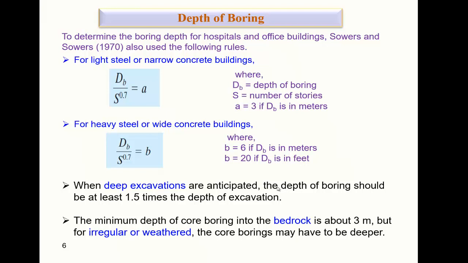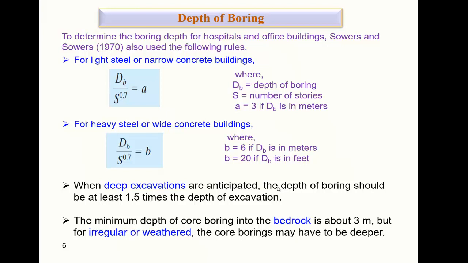I think you do not understand what a narrow concrete building is and what a wide concrete building is. That's why you're asking. The number of stories is not fixed. Suppose you have a project for 6 stories, you just put the value of S as 6. Now you need to decide narrower or wider. If it is rectangular and the aspect ratio is good, you consider it wider. You look into the BNBC, or the standard code, to see which dimension they consider narrow for concrete and which they consider wider.